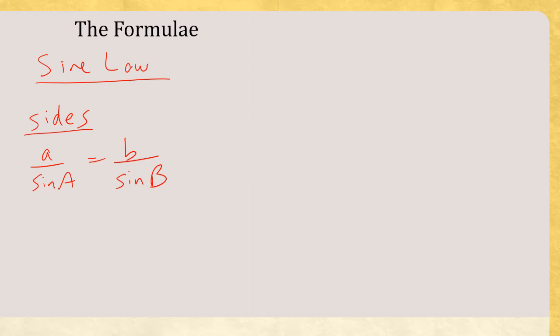Then on the bottom of the ratios, you have the capital letters, which represent angles. So side lengths, sides on top, angles on bottom. Also within each ratio, you're going to notice A goes with sine A and B goes with sine B. So you should never have A's and B's or whatever the letters happen to be mixed together.